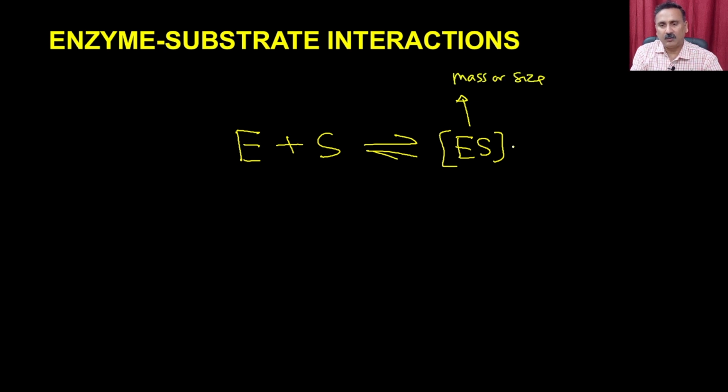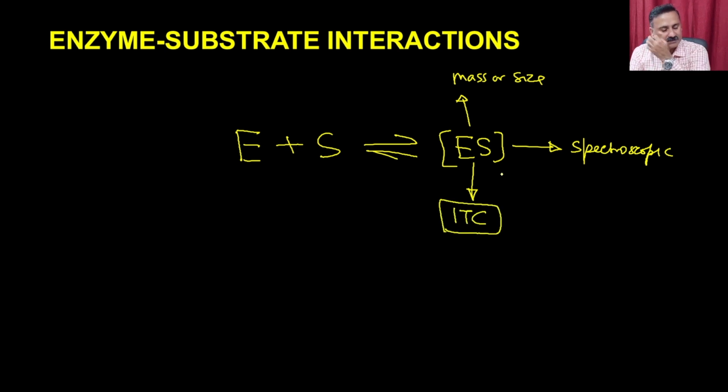It is also disturbing the electronic configuration of the groups present on the enzyme. That can be mapped by spectroscopic techniques, and we can also utilize other techniques, like there will be a change in the internal heat of the enzyme substrate system, and that can be measured in the system called ITC.